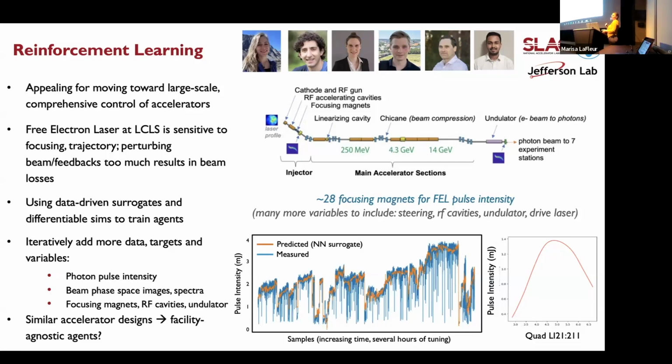And the question there is then, how do you structure the actual agent itself to have that flexibility to kind of infer what the different lattice parameters are for the accelerator layout, and then be able to account for that. So that's an area that people are starting to work on.